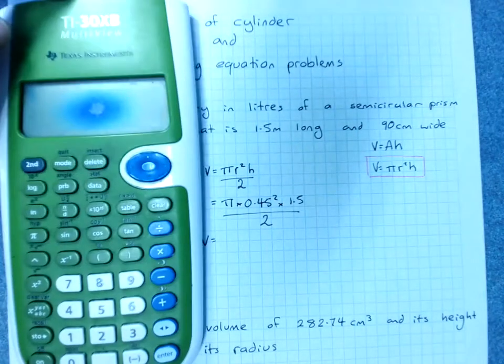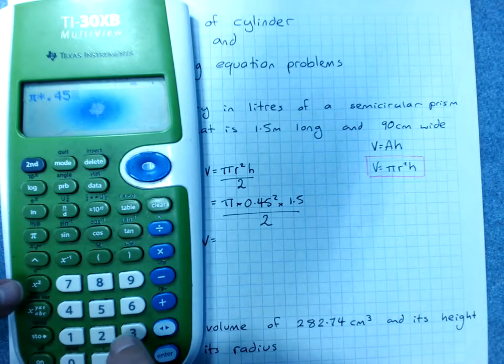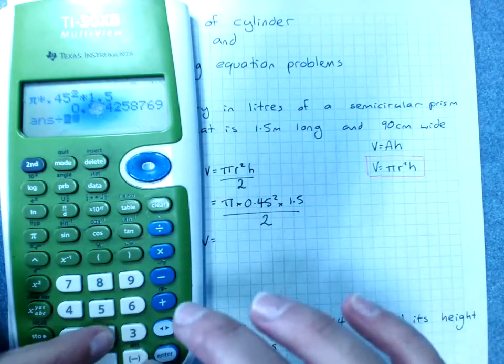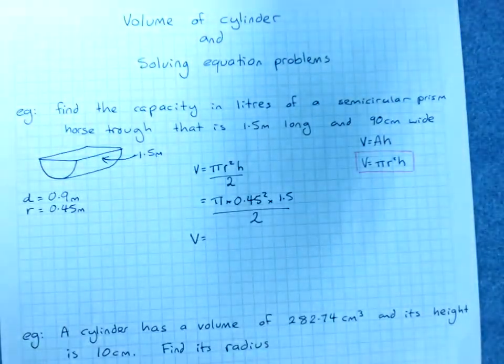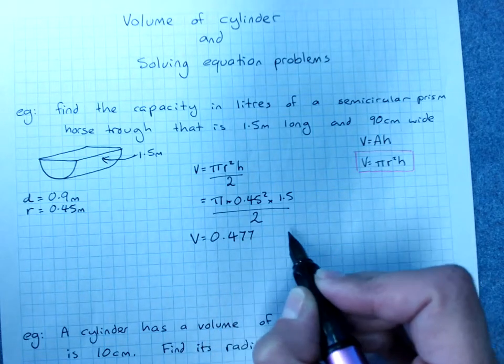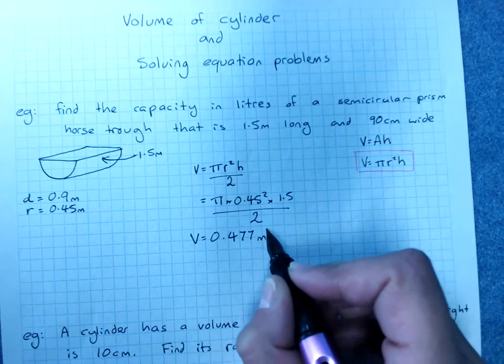Someone has been beating mine up a bit, I'm sorry. Pi times 0.45 squared times 1.5 divided by 2. So I have 0.477, and this is in metres cubed.